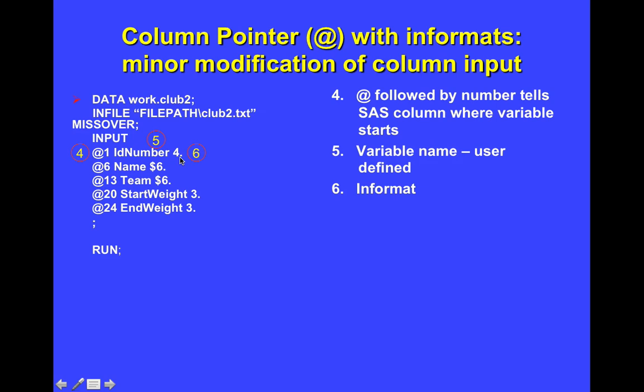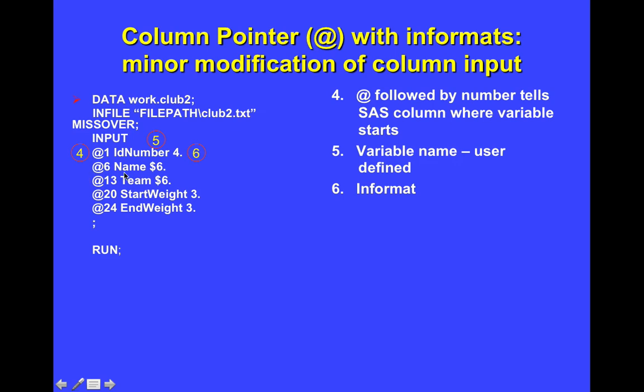Sometimes you may have ID numbers that range from 1 column wide to 4 or 5 or 6 columns wide, depending on how many participants you have. The key is that your informat should be as long as the longest ID number, or as long as the longest variable that you're importing. And then we just move on and specify this information for each variable in the data set.